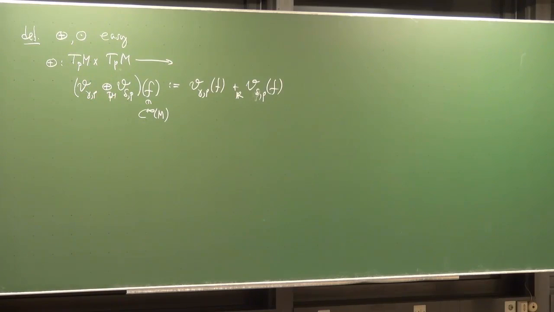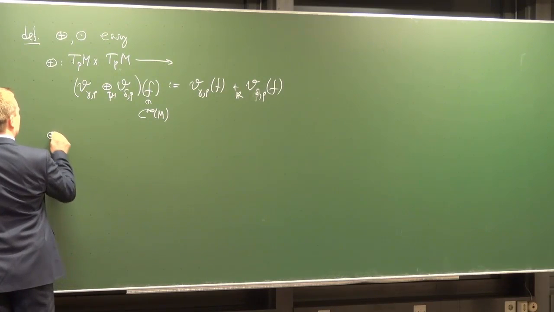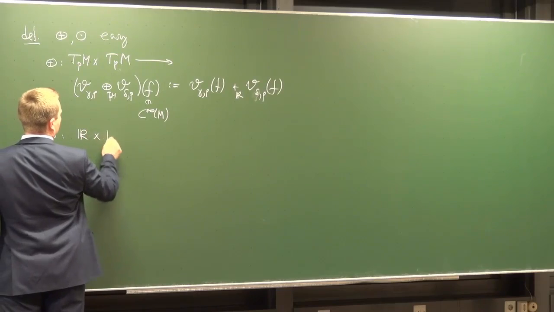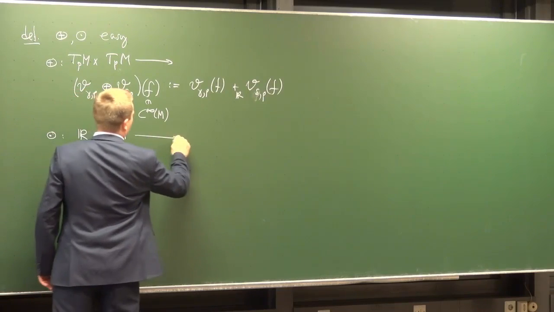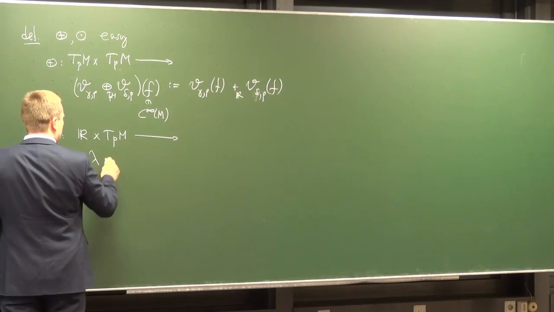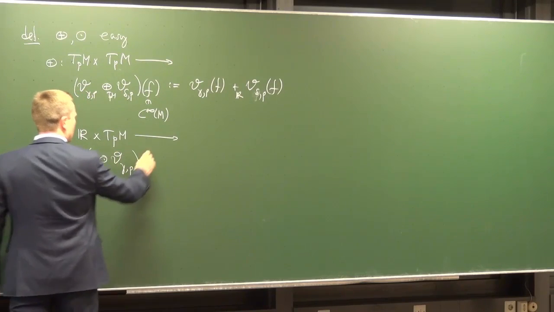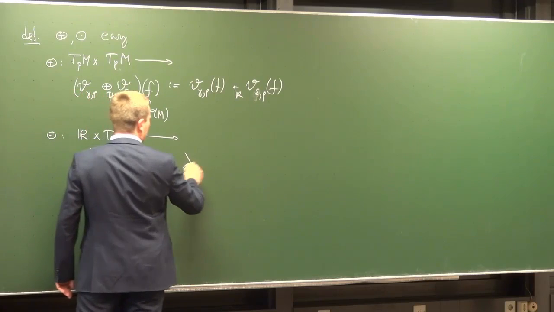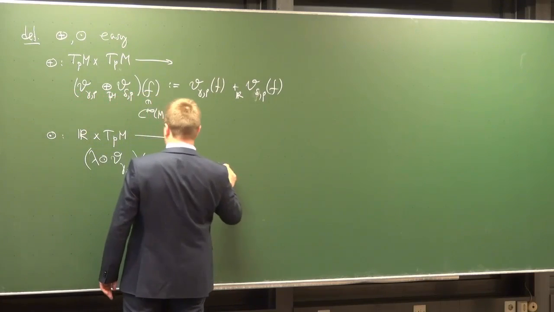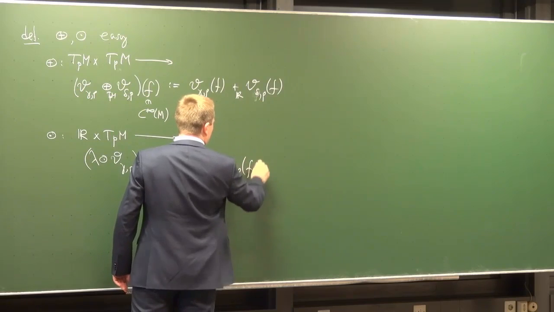Okay? You can immediately add because of the structure of these objects, and then you have a scalar multiplication, R cross T_pM, and that works like λ scalar multiplication v_γ,p, defined by action on f, exactly the same with the real numbers: λ times v_γ,p acting on f.